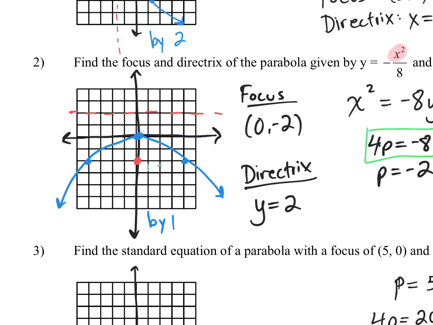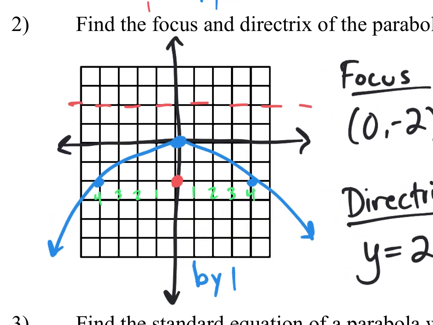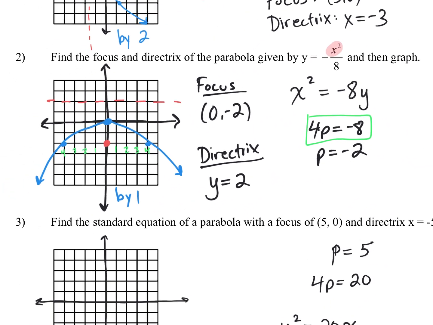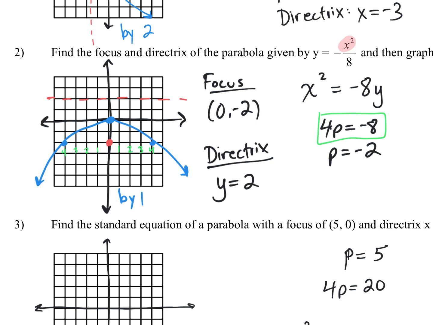So 1, 2, 3, 4, and then I go 1, 2, 3, 4 in the other direction. That creates the width of my parabola at the level of the focus. So that 4p value, that -8, the negative tells us it opens down, but that 8 tells us the width of the parabola at that critical point.